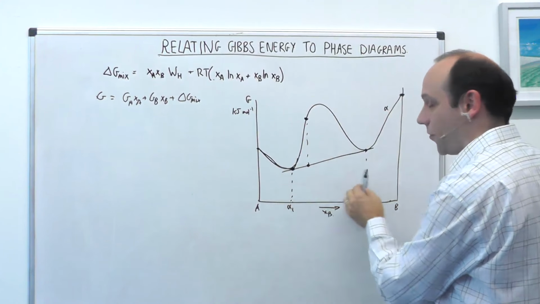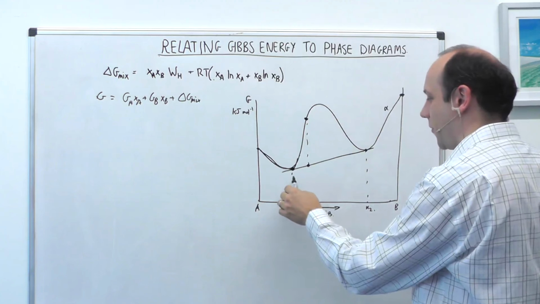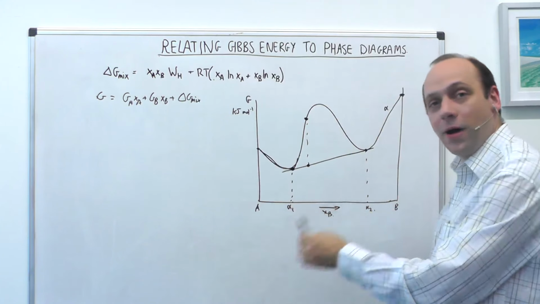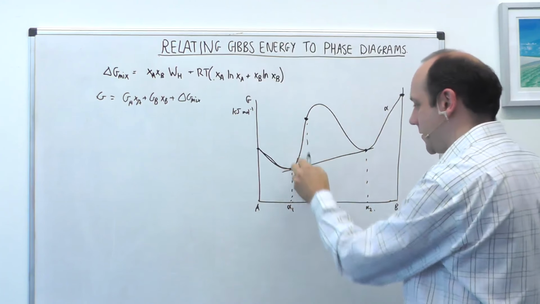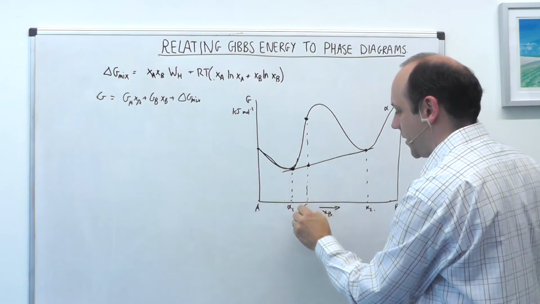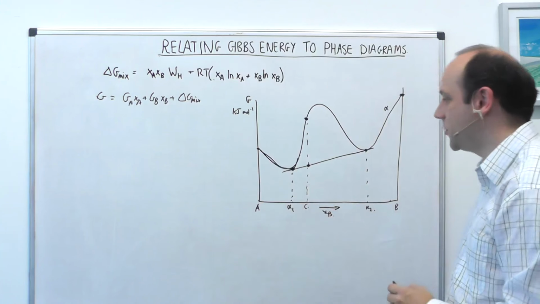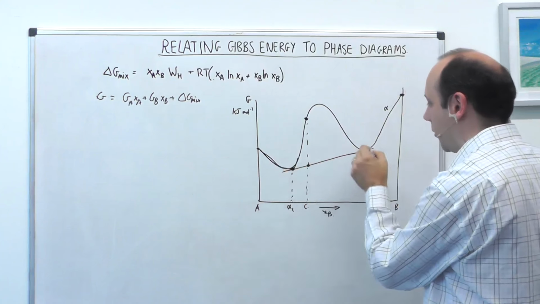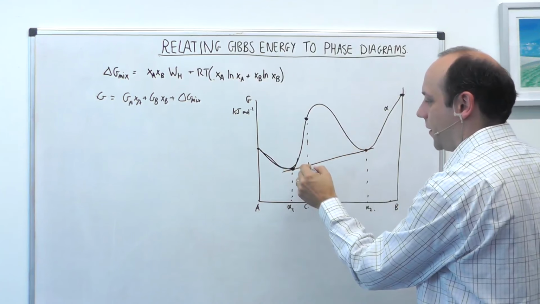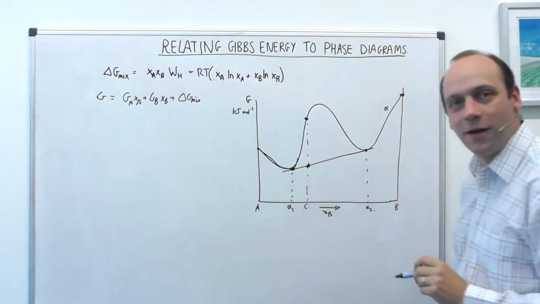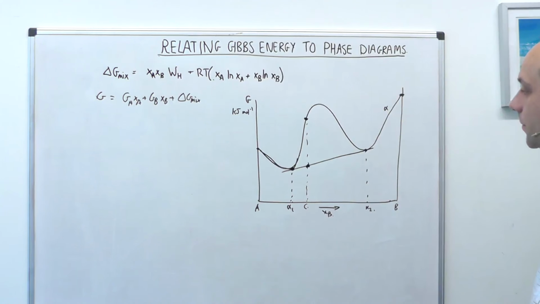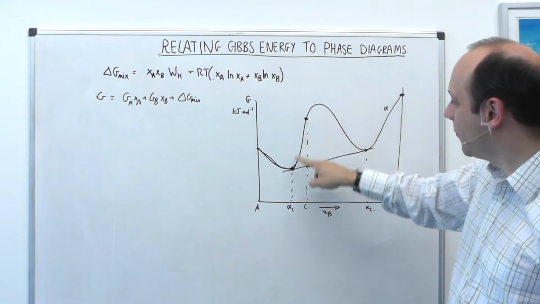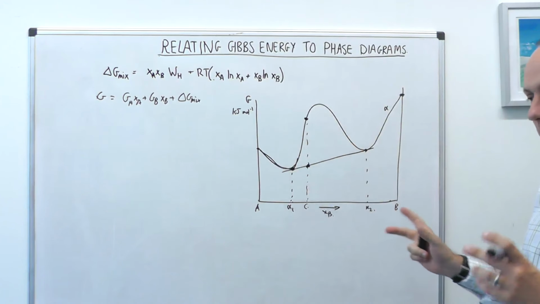Because the lever rule, conservation of atoms, means that you've got volume fractions of alpha 1 and alpha 2 that combine such that you could get to an overall alloy composition here of C, whatever that is, some alloy composition. And that means that when you combine the volume fractions, you end up going along this straight line to find the average energy being that overall. And so what this means is that an alloy here will decompose into two components.